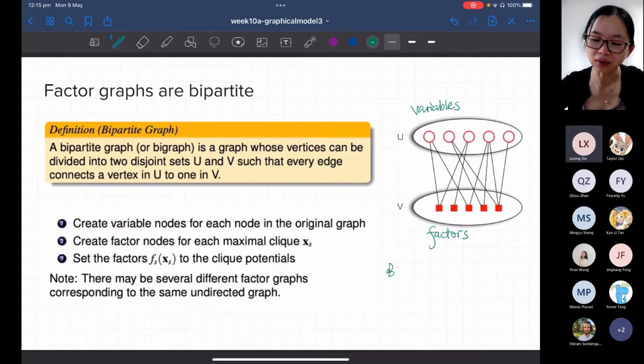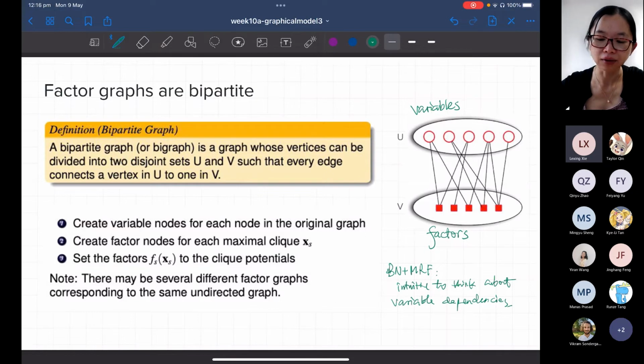Bayes net and MRF are intuitive to think about variable dependencies. So we argue that factor graph is better for thinking about inference.